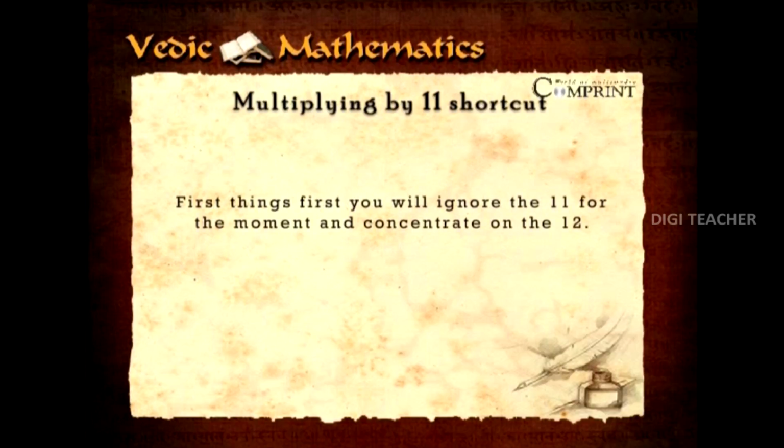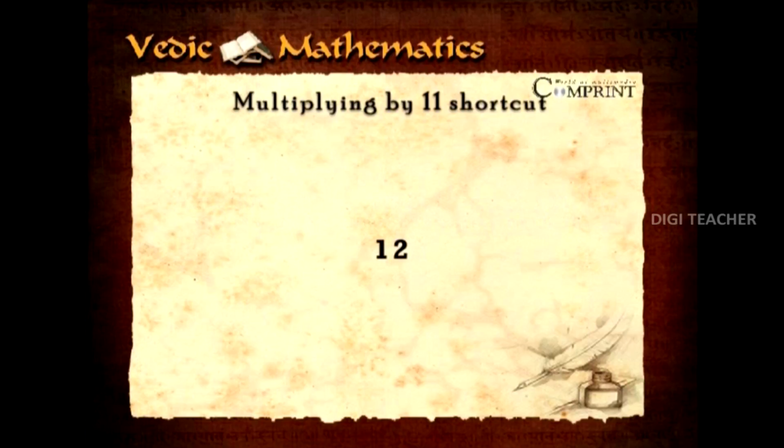First things first, you will ignore the 11 for the moment and concentrate on the 12. Split the 12 apart like 1 and 2. Add these 2 digits together. 1 plus 2 equals 3. Place the answer 3 in between the 12 to give 132. And therefore, 11 multiplied by 12 equals 132.